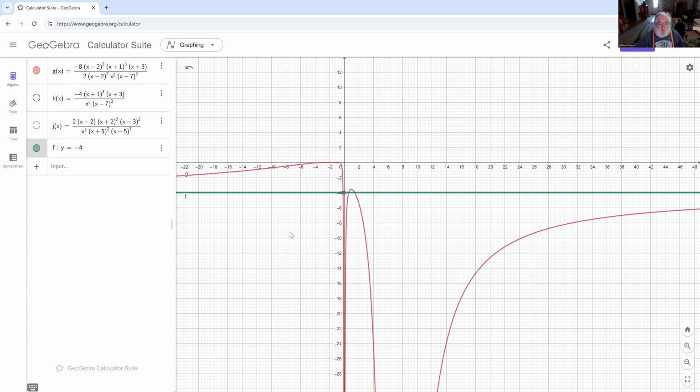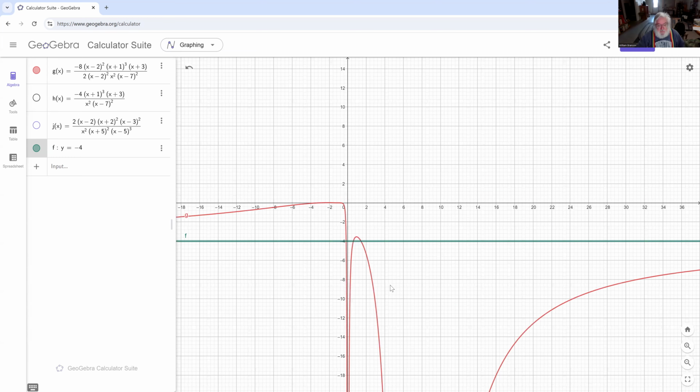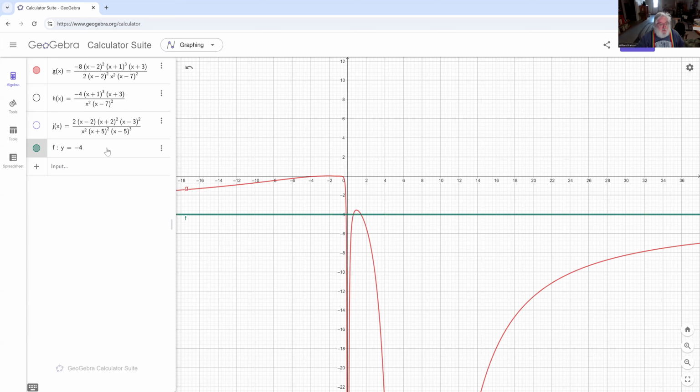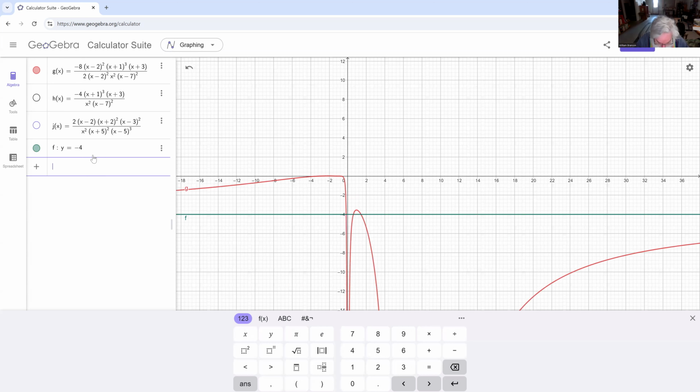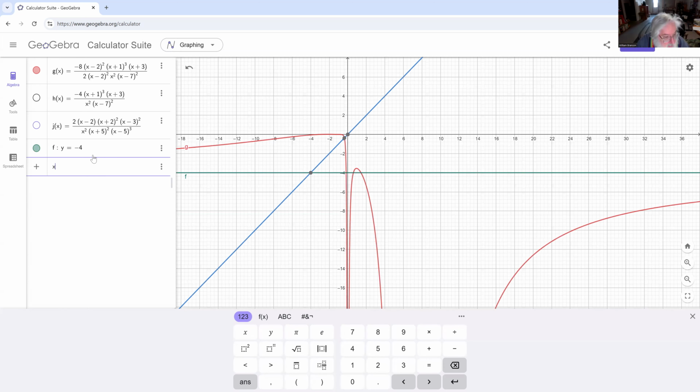Now, if we go in here, we do see the two vertical asymptotes. One is at x equals 0, there's that blue one, and the other one was at x equals 7.